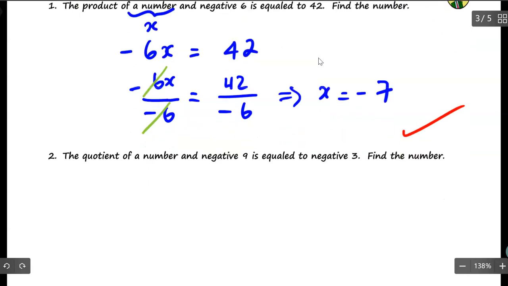Okay, so a quotient of a number and negative 9 is equal to negative 3. So that means we are going to have a quotient of a number. That means we divide. Okay, so x divided by negative 9 is equal to negative 3.